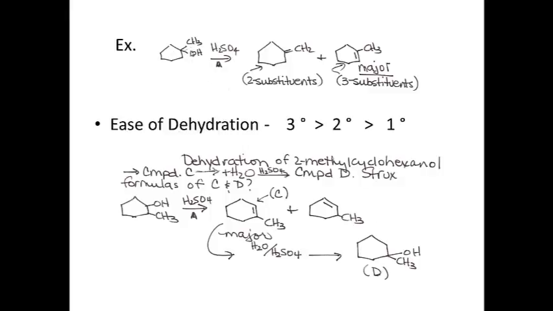Again, the product with the most substituents wins, so try it out. When you dehydrate here, losing a hydrogen here and the OH to give us this double bond, you can see that you've got 2 substituents here and none here.